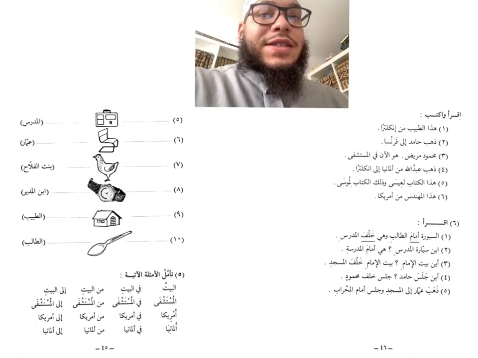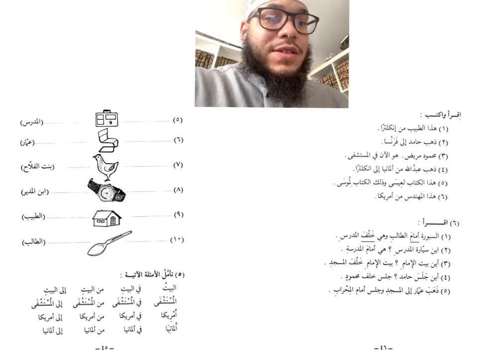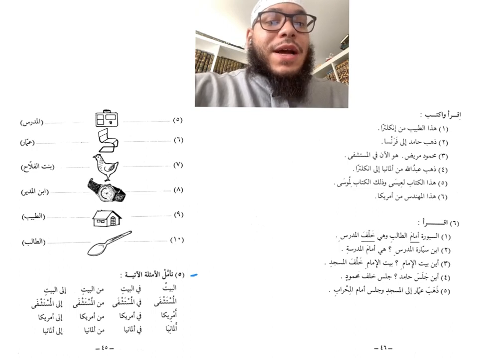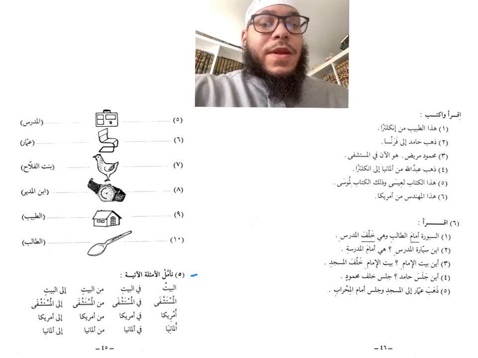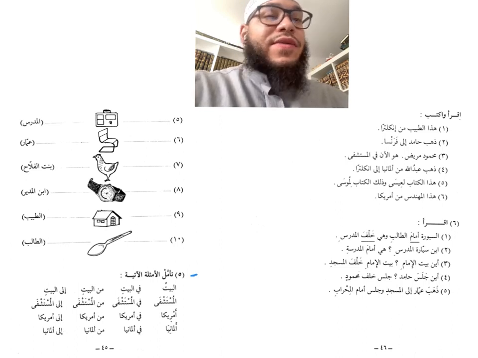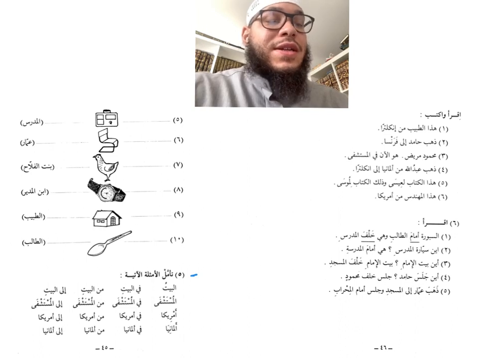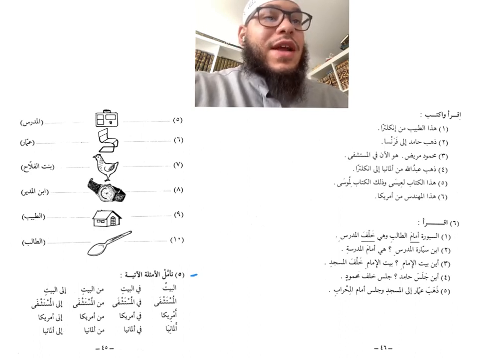Now the next exercise we have is exercise number 5. تأمل الأمثلة الآتية. Ponder over the following examples. Here we have a few different types of words in terms of the letters the noun ends with. Here we have al-baytu. Now fi, what kind of word is fi?